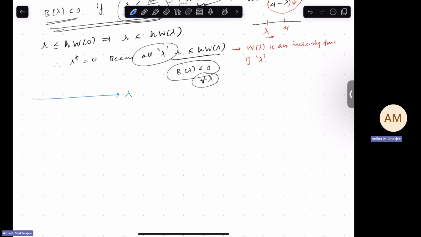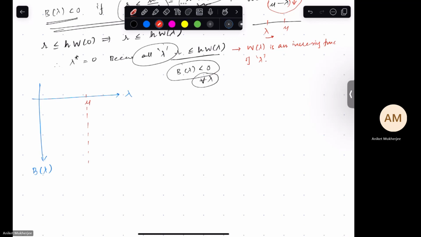This is your lambda. This is your B(lambda), right? This is your mu. And for all lambda that is less than mu, we have something like this, right?